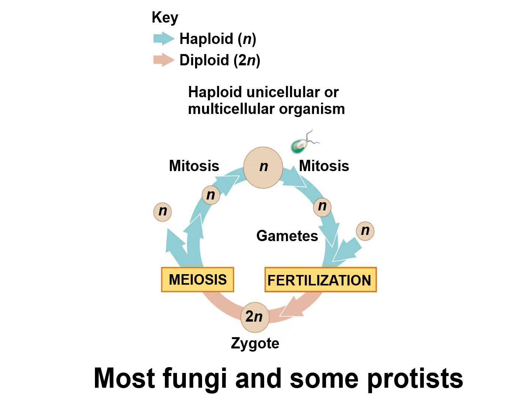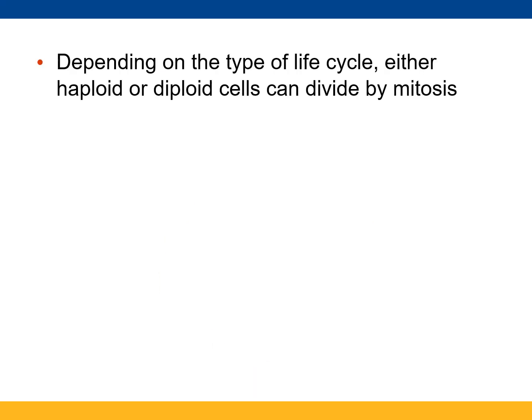Only one diploid cell. It does meiosis, creates those haploid cells, those gametophytes, that can create gametes that can then fertilize. And again, it can be haploid, multi or unicellular in the haploid stage, but it can only be unicellular in the diploid stage. So no matter how complex the life cycle, there are a couple of simple rules to remember.